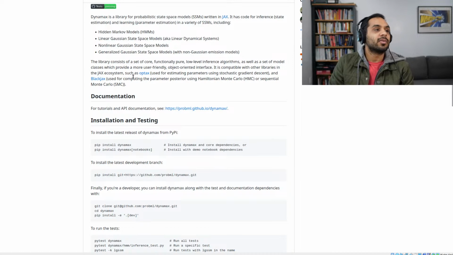But I'm also very interested to see what is possible now using Optax and Hamiltonian Monte Carlo, which is an MCMC variant, and sequential Monte Carlo. Because now we have computers, there's more we can do with state space models or Bayesian models or many other types of models than we could do with classical solutions.